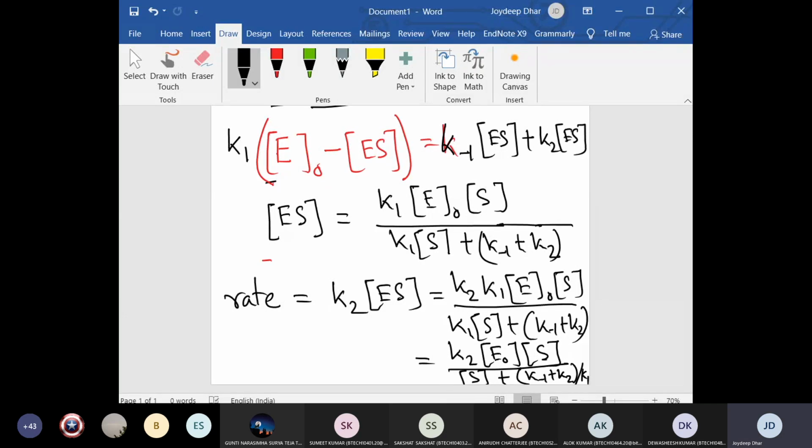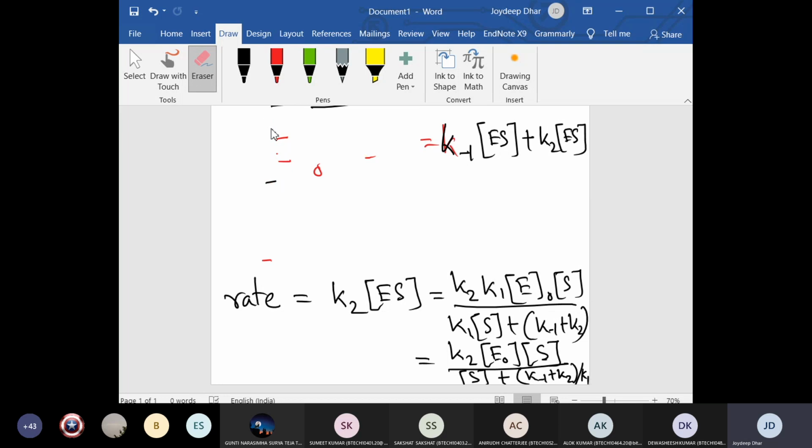Okay, so for the page, my net is going to be finished today, so I don't know. So you can see that the rate of the reaction is given by K2 into E0 into S divided by S plus K minus 1 plus K2 over K1.